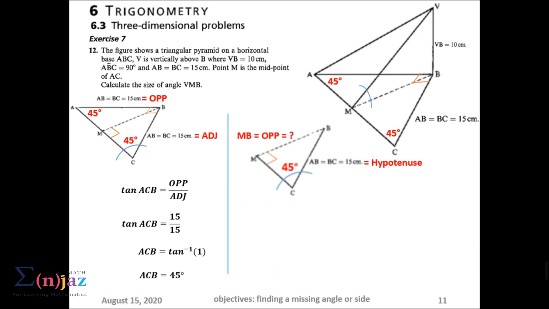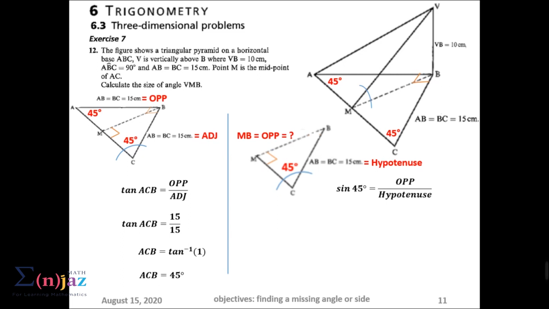MB is the opposite side to the 45 degrees angle, which I need to find. Since the angle is known and the hypotenuse is known, while the opposite is unknown, I need to use the sine rule. Sine of 45 degrees is equal to opposite over hypotenuse.